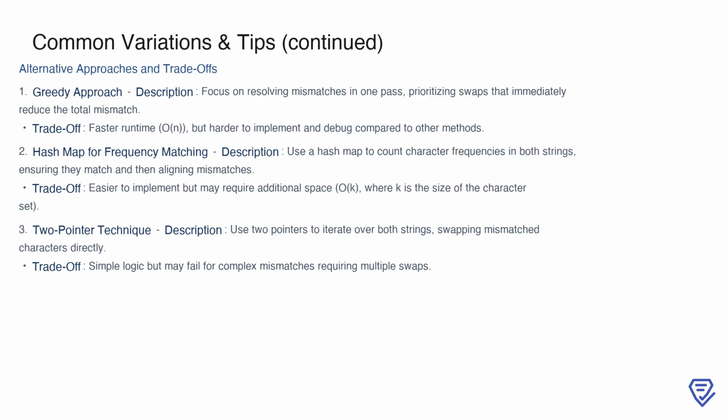This method is easier to implement but may require additional space proportional to the size of the character set. Finally, the two-pointer technique is a straightforward approach where two pointers iterate over the strings, swapping mismatched characters directly. The logic here is simple, but it may fail for complex cases where multiple swaps are needed to resolve mismatches. Choosing the right approach depends on the problem constraints and your familiarity with these techniques.